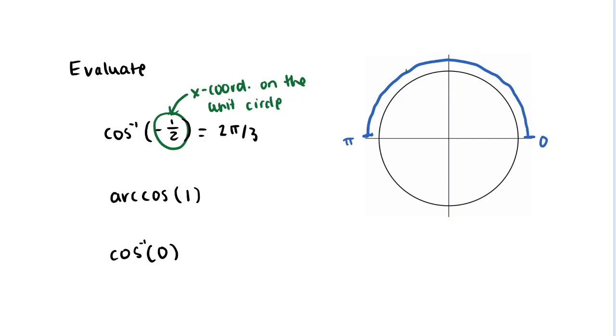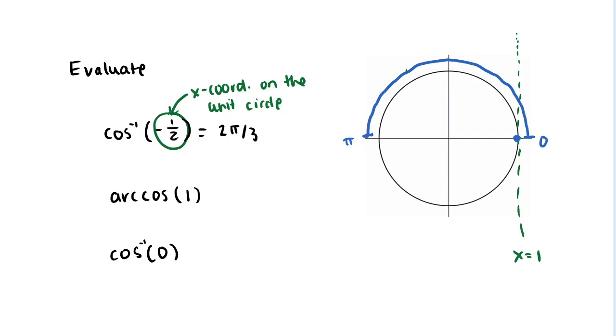And so now we're looking at an x-coordinate of 1 on the unit circle. Well, an x-coordinate of 1 is here. This is x is equal to 1. And so the point on our unit circle corresponding to x is equal to 1, well, it's there on the right. And we're looking for the angle between 0 and pi that gives us this point here.